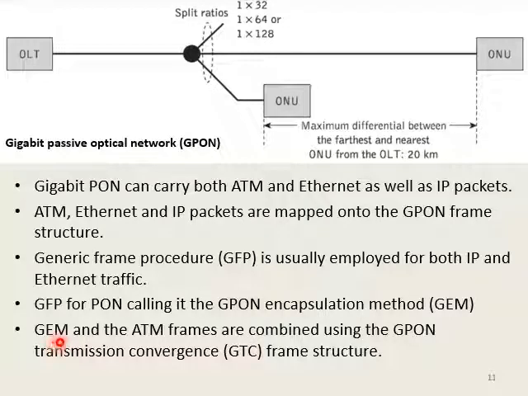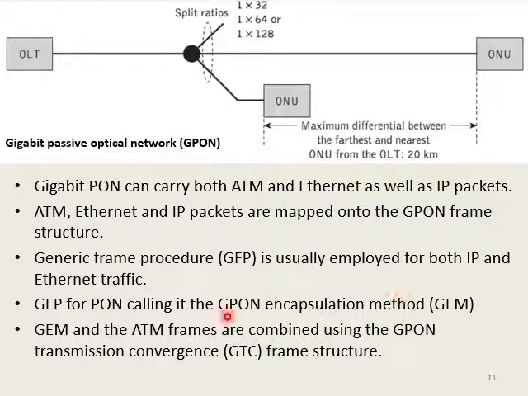The GPON encapsulation method and the ATM frames are combined using the GPON transmission convergence frame structure. Initially, the IP and Ethernet traffic together can form a GPON encapsulation method, where it includes ATM frames. Then it is called GTC, the GPON transmission convergence frame structure.